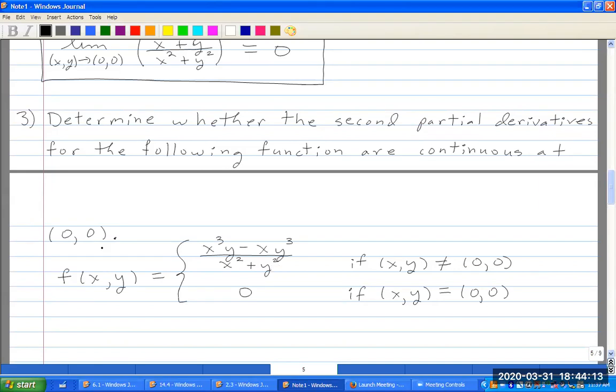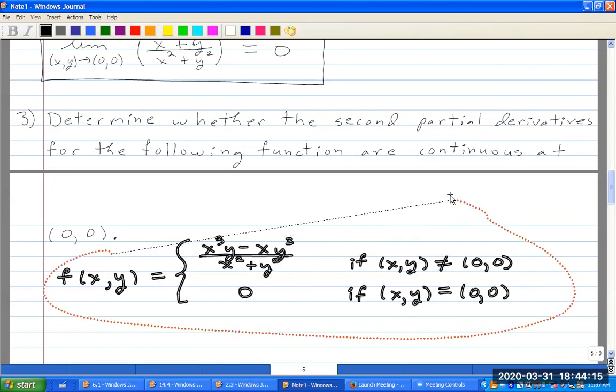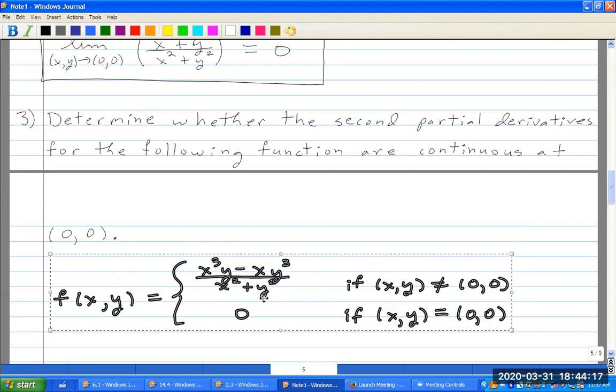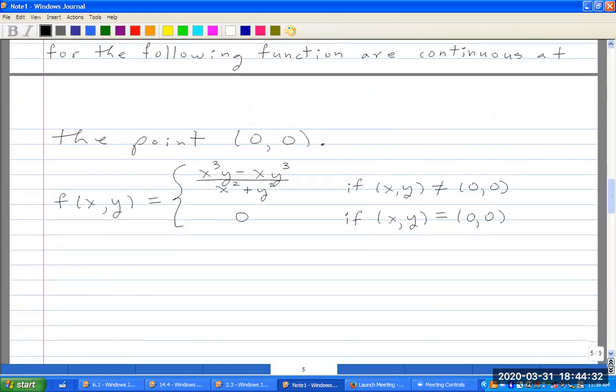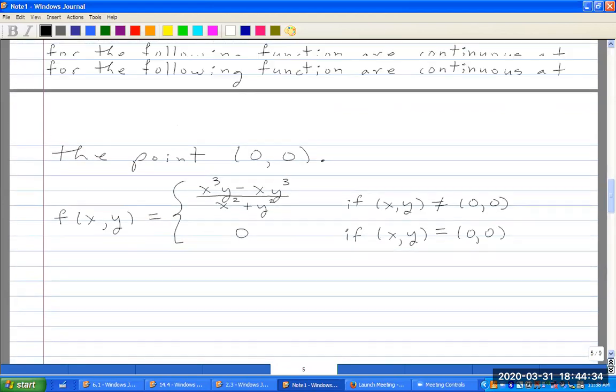Actually, maybe I'll slightly modify it so it looks better, at the point 0, 0. Okay, so let's do that.